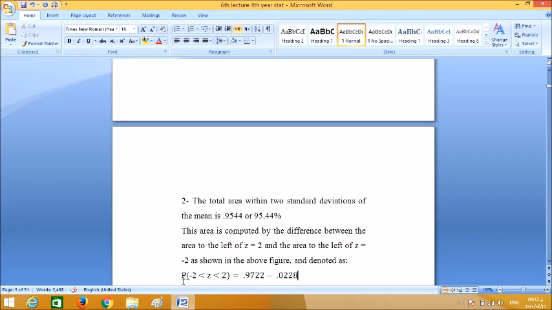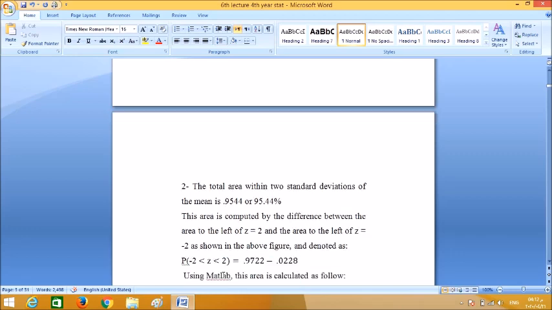So the probability of Z larger than -2 and less than 2 equals 95%. Like this.